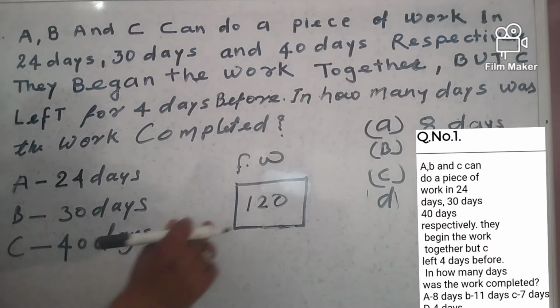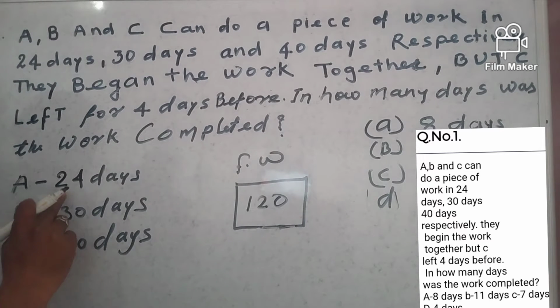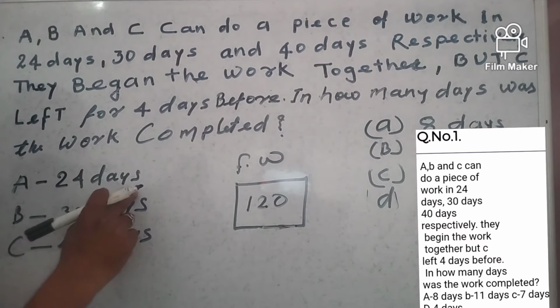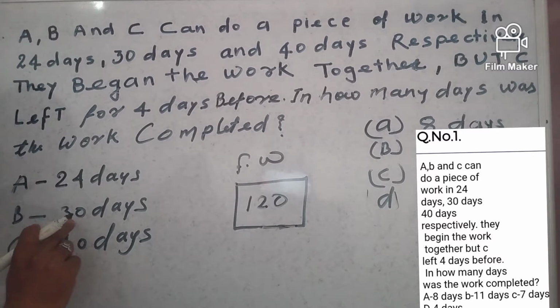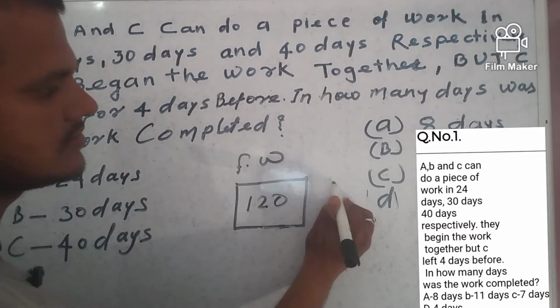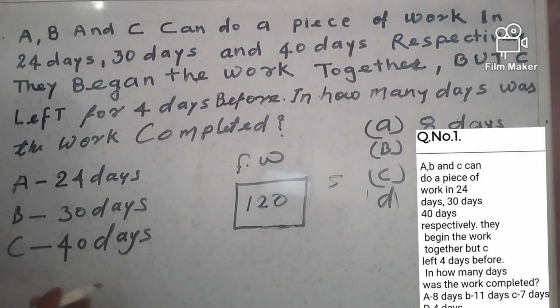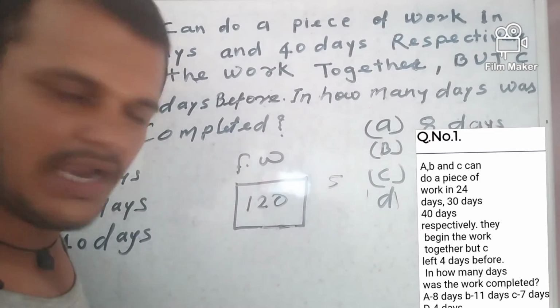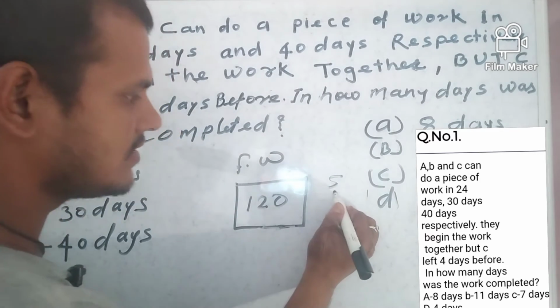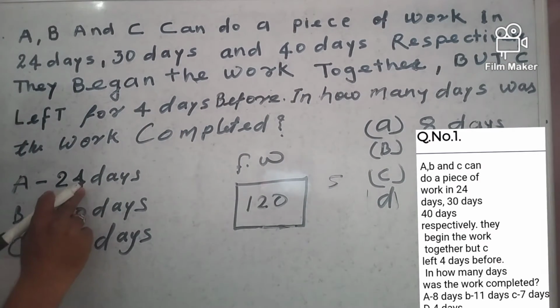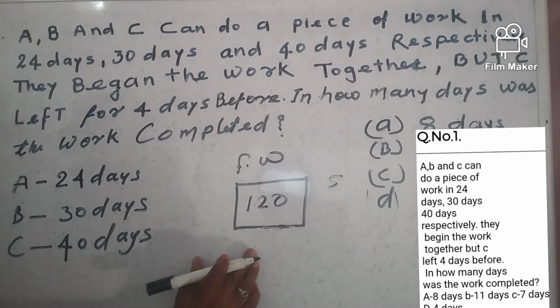If the work is 120, A does it in 24 days, B in 30 days, and C in 40 days. So what is A's efficiency? 24 times 5 is 120. So A's efficiency is 5. He does 5 work in a single day and completes 120 work in 24 days.